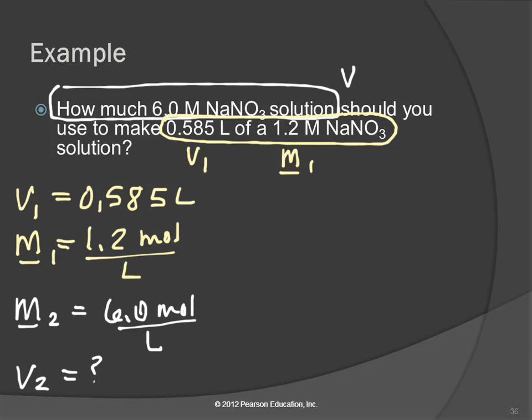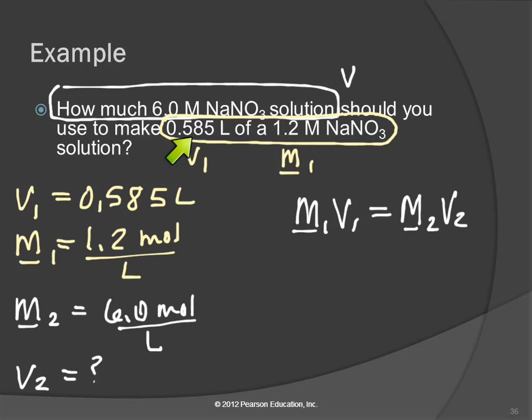So what's the equation? M1 V1 equals M2 V2. How do you know that 0.585 is the first volume? Well, the question is, how did I know this was the first volume?